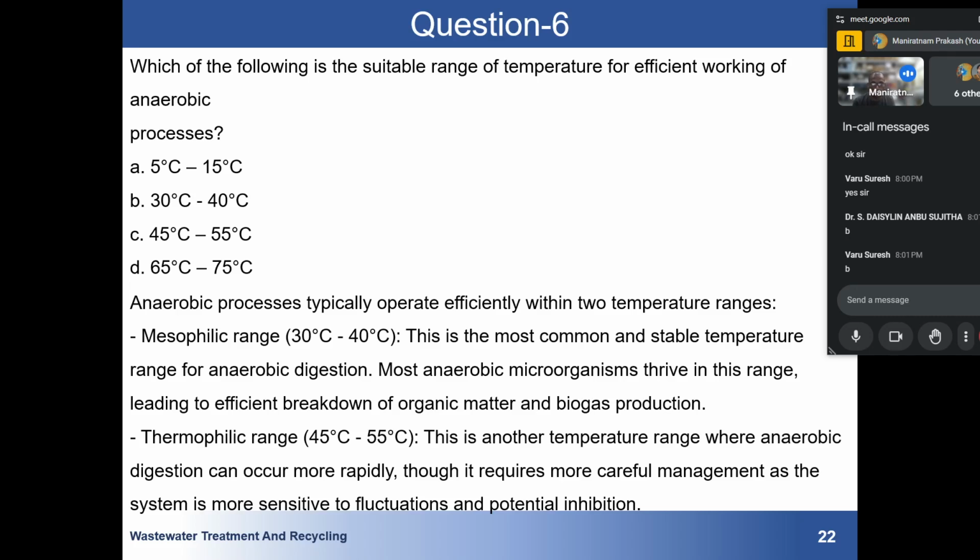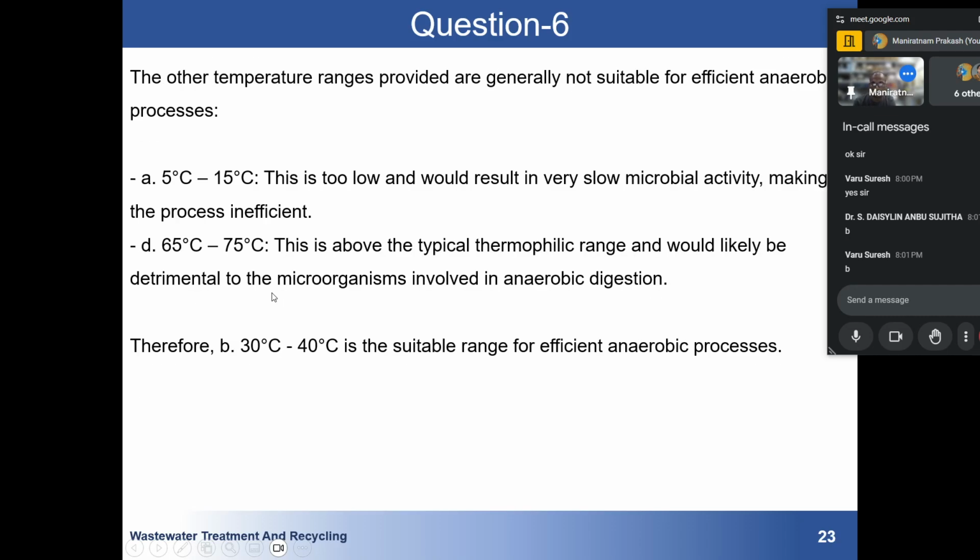The higher temperature is also considered good for our bacteria, but at that temperature you have to do additional management, and there are high chances that you have to take some kind of risks, and we don't want that. So generally 30 to 40 degrees is selected. On the other hand, we have 5 to 10 degrees, which is low, and this will kill all the microbial activity, making the system very inefficient.